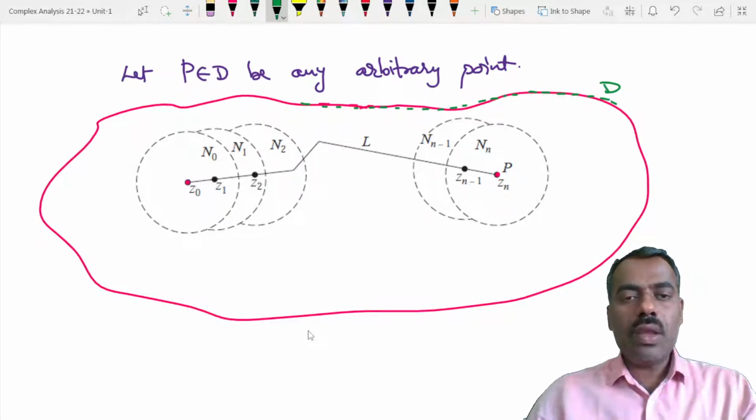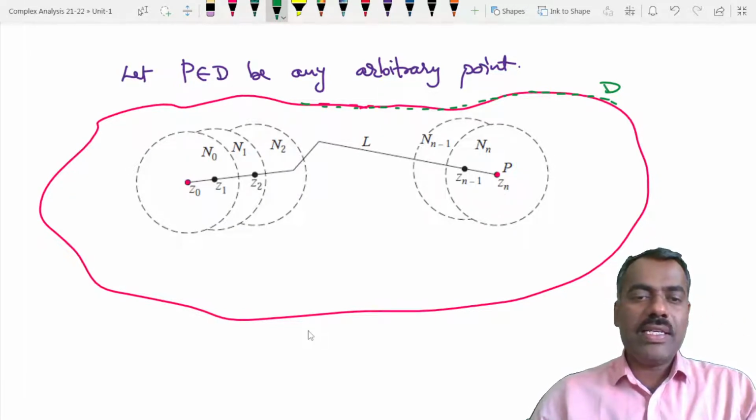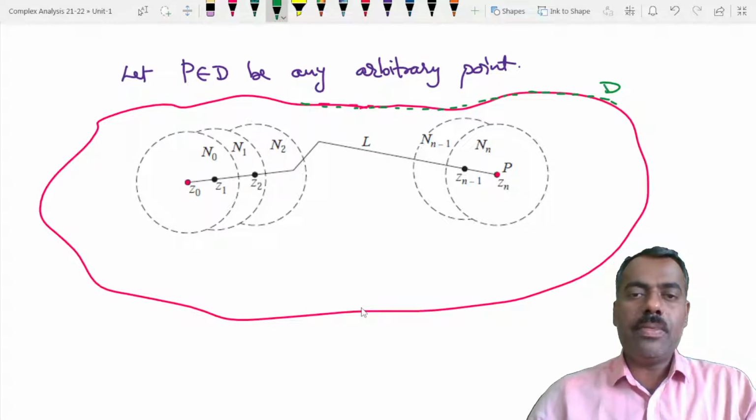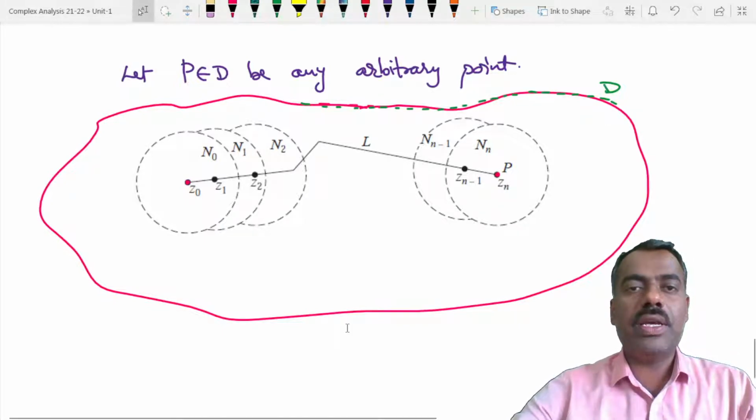Then what we require is that d is the shortest distance from the points of L to the boundary of D.